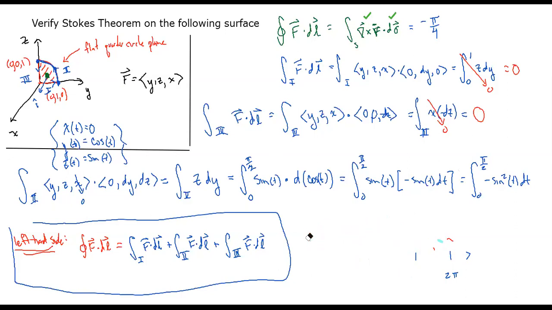But to be honest, at this point, I would let you Wolfram Alpha it. One way or another, the other way is to use a trig identity. So you could also say that this is equal to the integral from 0 to pi over 2 of minus 1 minus cosine 2t over 2 or something like that. Sorry, we're doing t.